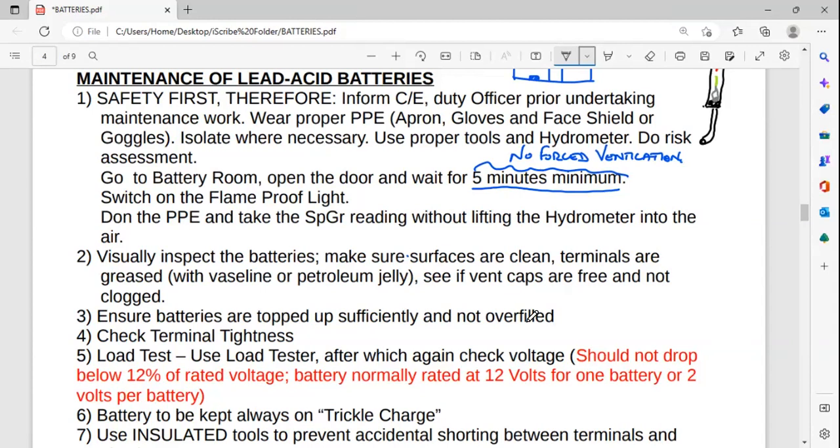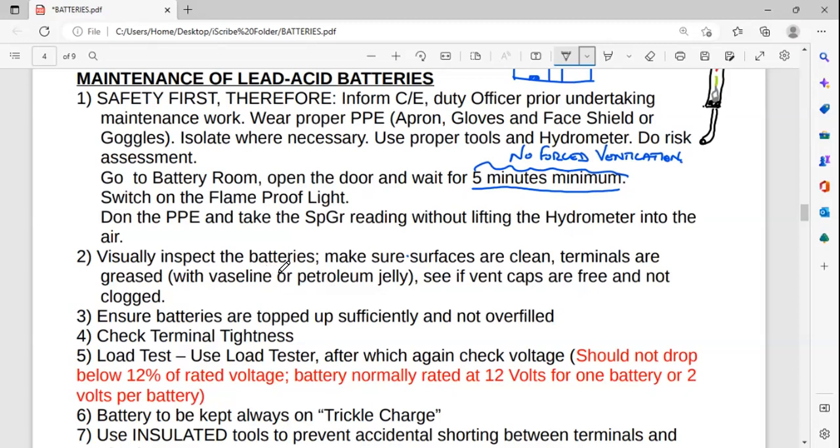If you use the wrong type, or any grease other than Vaseline or petroleum jelly, you can have problems. So don't put ordinary grease. Use Vaseline or petroleum jelly, that white type of thing. You would find it in your IMPA code book as petroleum jelly or white jelly, as it is sometimes called.